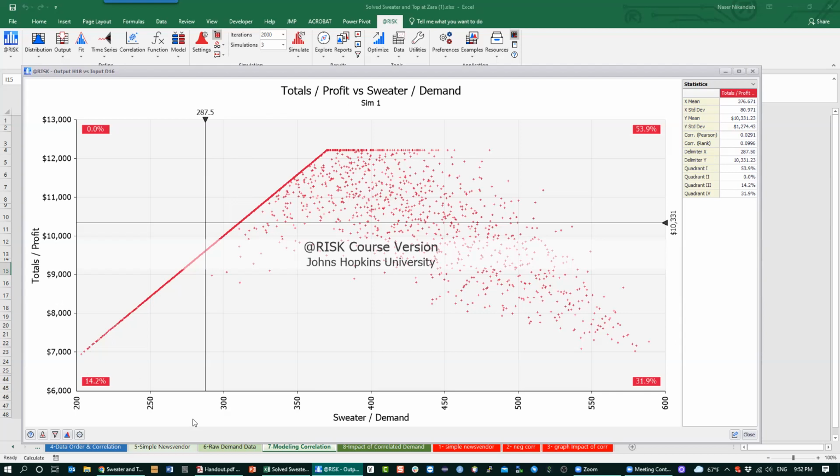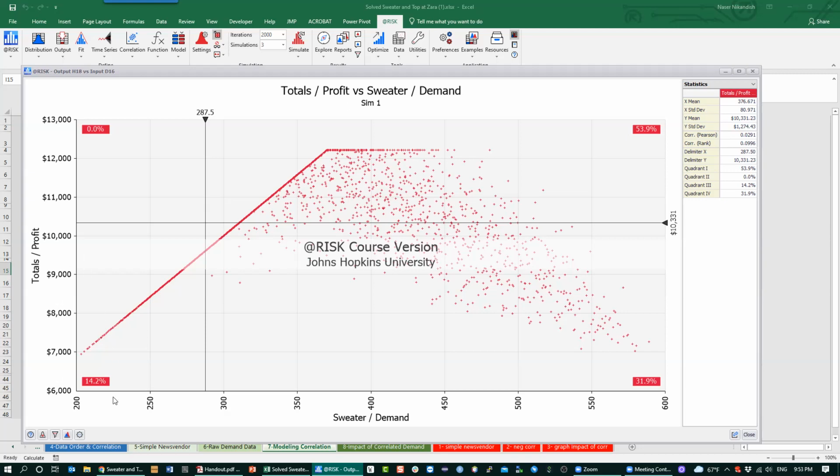What does that mean? When demand for sweater is low, I'm selling a lot of sweaters at salvage value because demand for it is low, and I'm losing money on sweater. Why is profit not negative? Profit is not negative because I'm selling a lot of tops at full price, and that compensates for the money I'm losing by selling sweaters at salvage value.